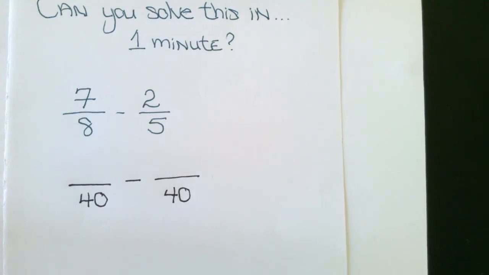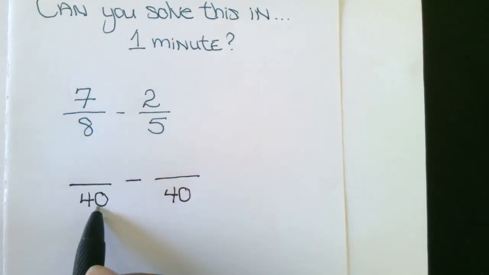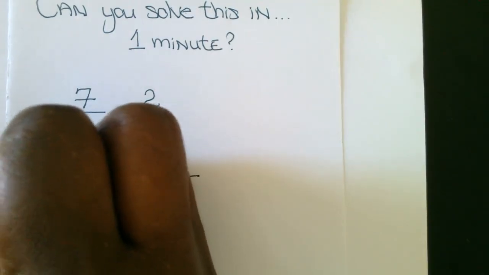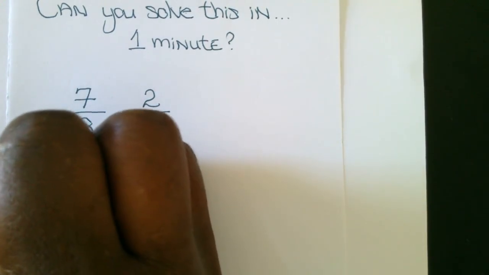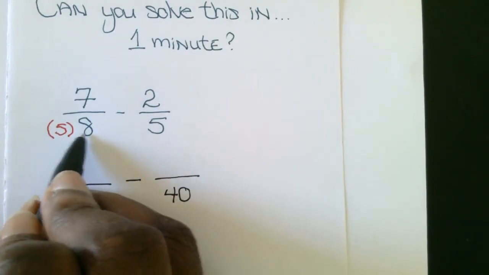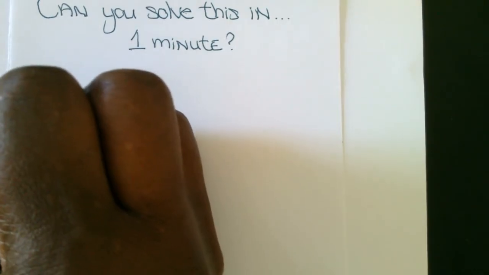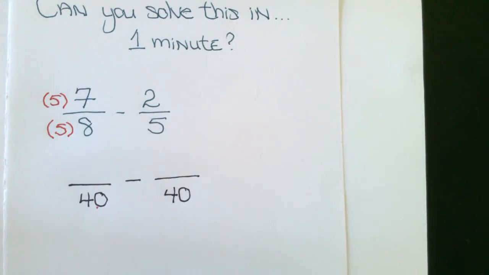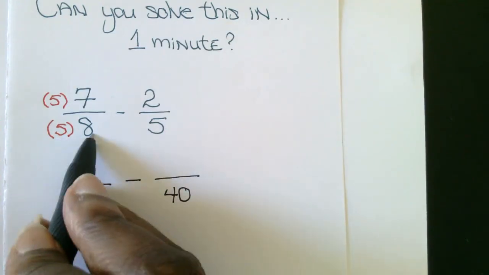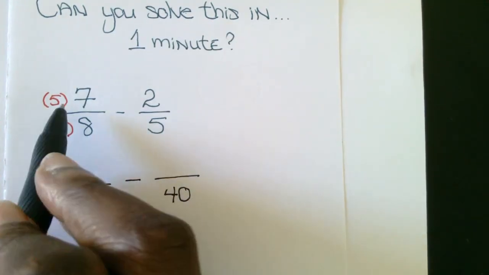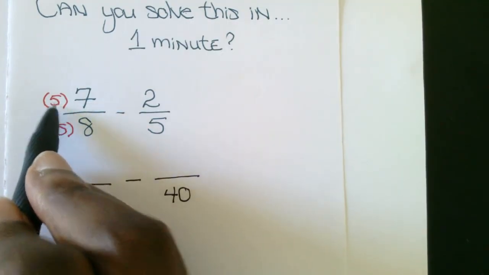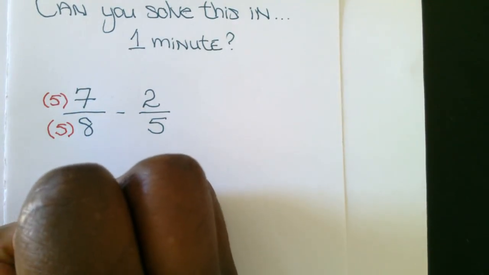So in order for me to change this 8 to a 40, I had to multiply by 5. And whatever I do in the denominator, I have to do in its numerator. Okay? So that means my new denominator is going to be 40, but my new numerator is going to be 35.